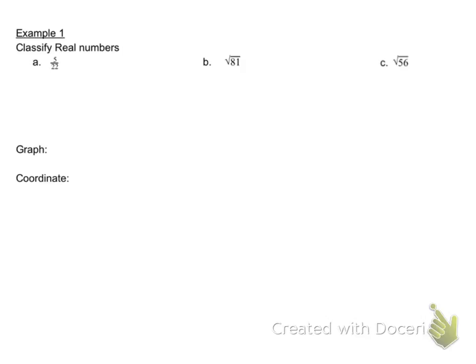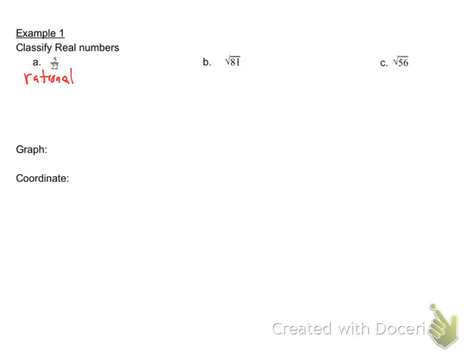Does 22 go into 5 nicely? No. Now, here's a cool thing. We know it's not irrational because it's a fraction. If it can be written as a fraction, you know it's going to be rational. So, because it's a fraction, I'm going to say that it's rational.